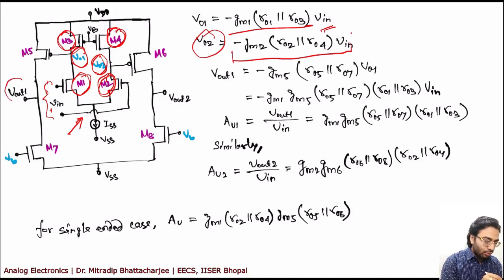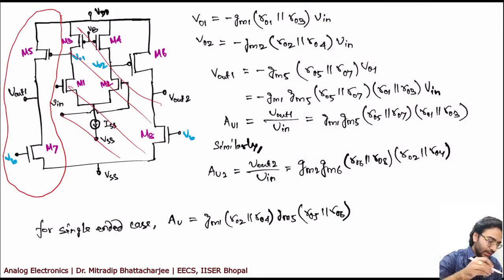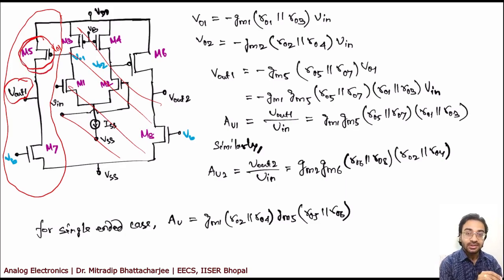Now if you look at Vout1, this VO1 is now the input to M5, the second stage. So just consider this part, and forget about the other circuit. If you consider this part, you have a VO1 input here, then your Vout1 will be minus GM5. Remember, here the driver transistor is GM5 and your source is common, so it's a common source amplifier.